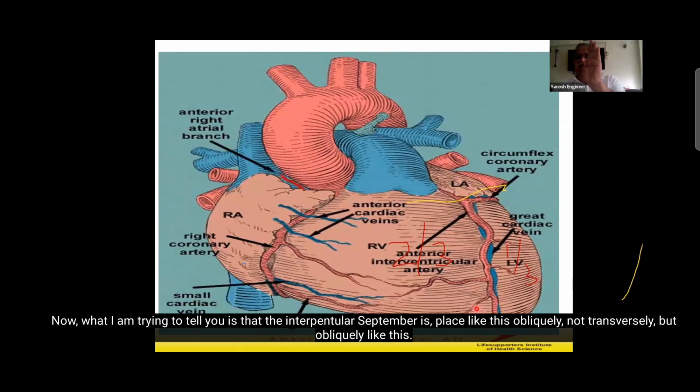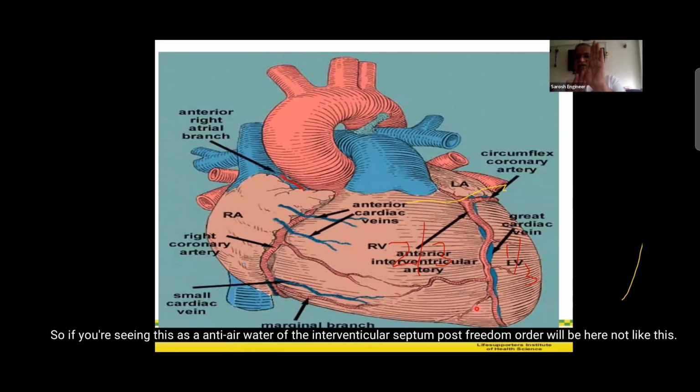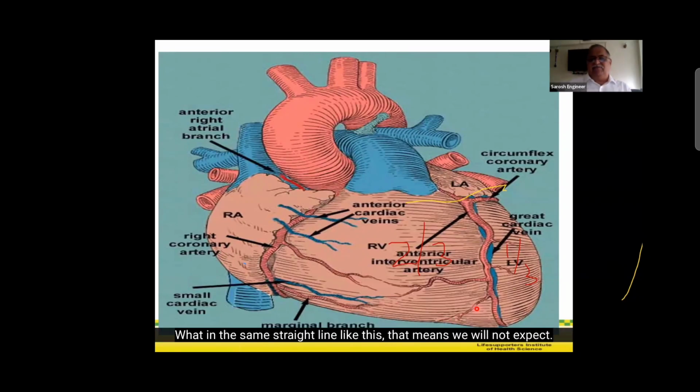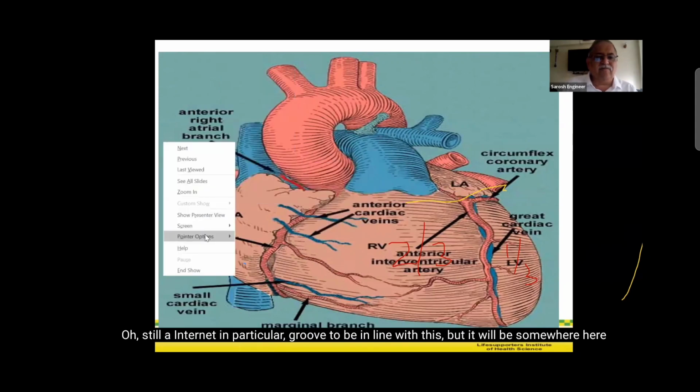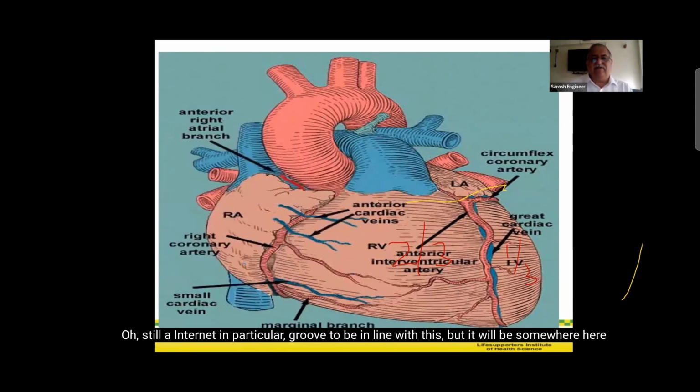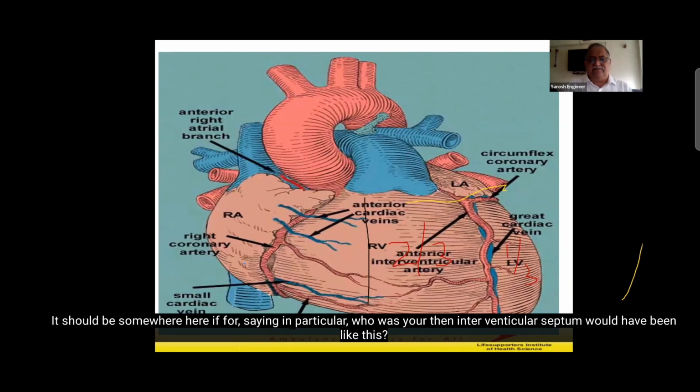If you see this as the anterior border of the interventricular septum, the posterior border will be here, not in the same straight line. That means we will not expect the posterior interventricular groove to be in line with this, but somewhere here.